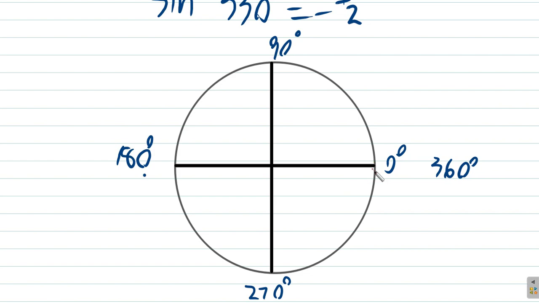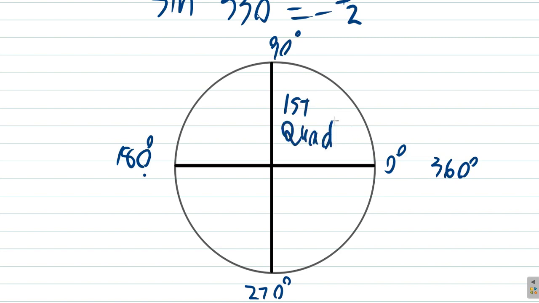Now the thing is, when you have anything divided into 4 equal parts, you can call each part a quadrant. Quad meaning 4, alright? So this is considered the first quadrant.